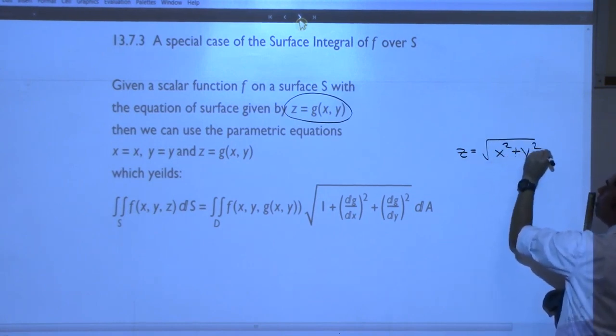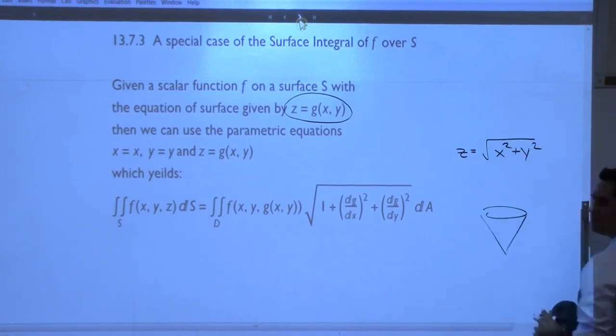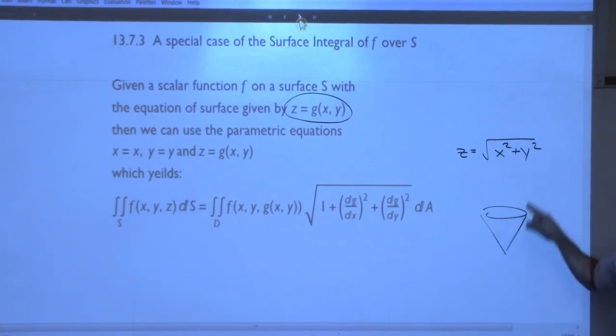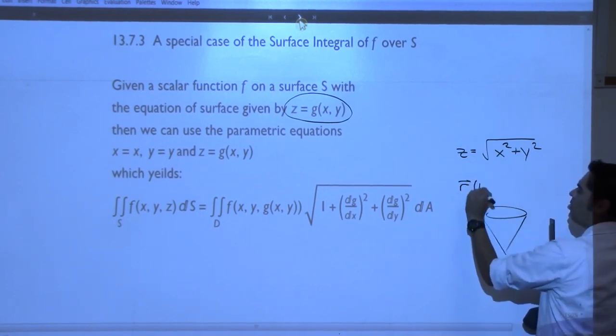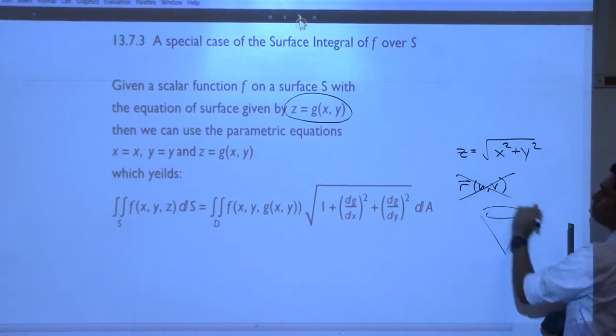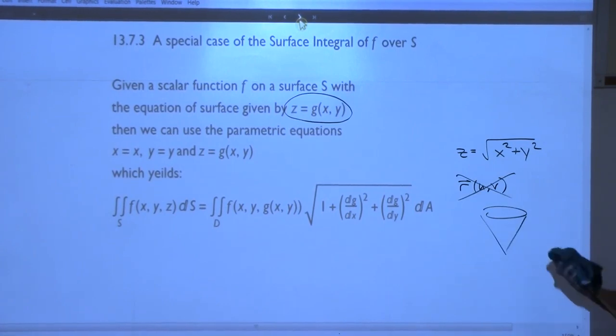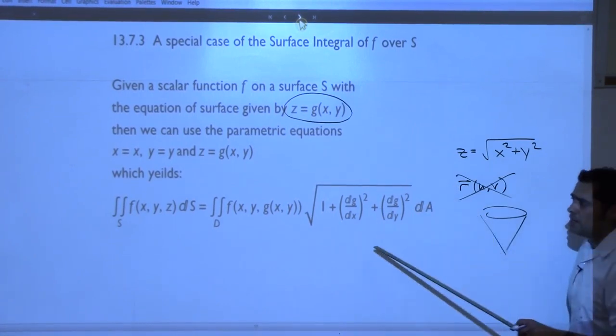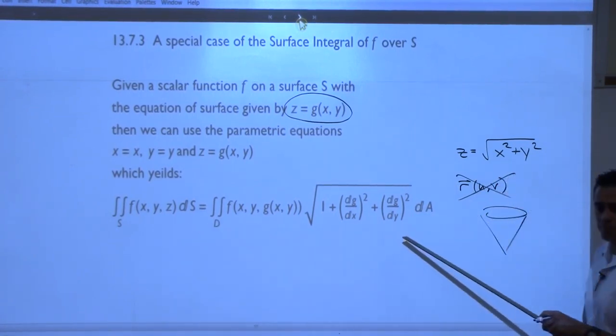Remember that cone? What if I just wanted to do part of it? I could use this as the surface, right? And not ever have to come up with r of u, v at all. If that's the case, then this is what the formula turns out to be.